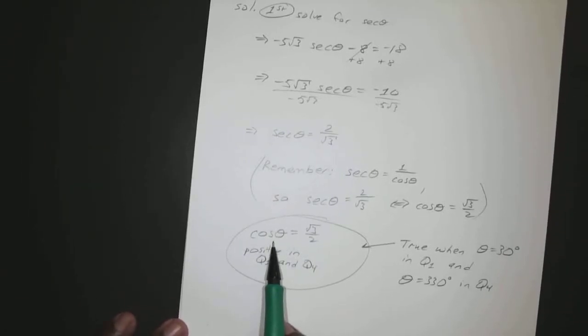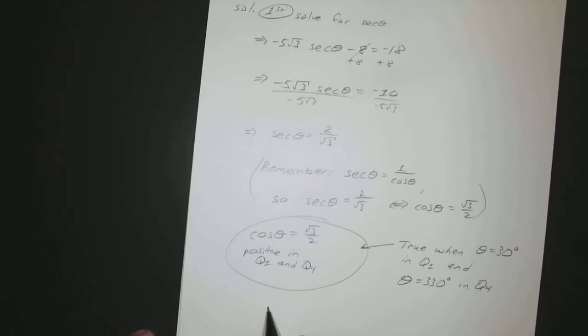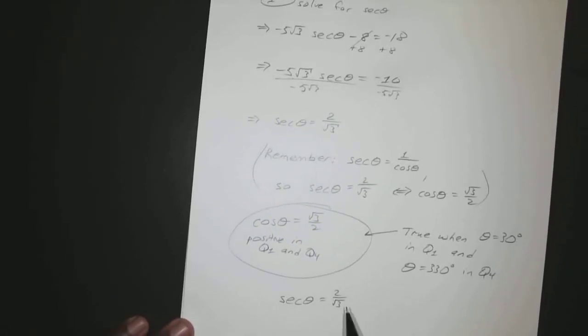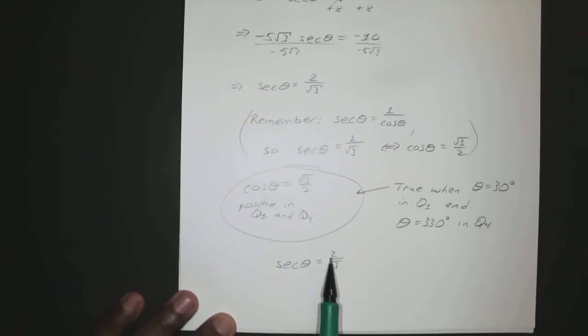Okay, so since it's true for cosine of theta, it's also true for secant. So we also know that secant of theta equals 2 over square root of 3. And if you wanted to, you could rationalize the denominator by multiplying both by square root of 3. So that would be 2 square root of 3 over 3 if you wanted to.